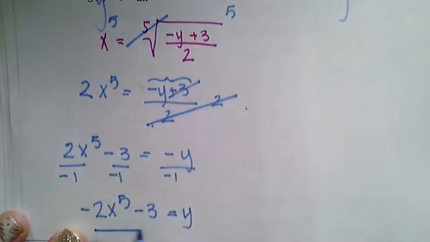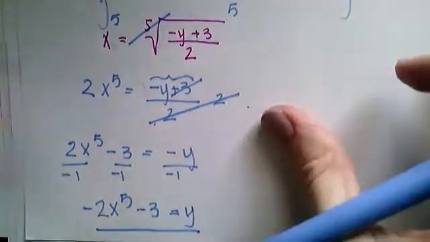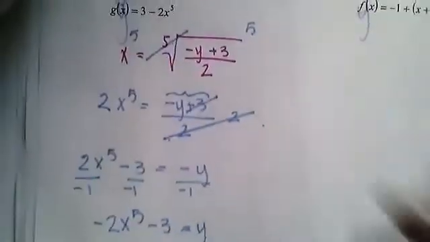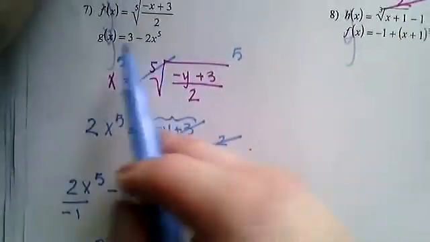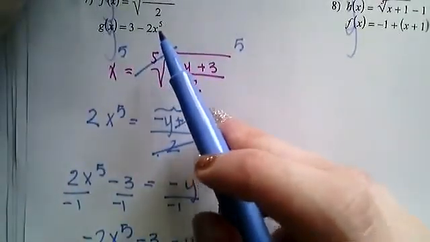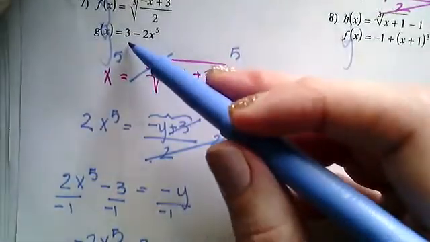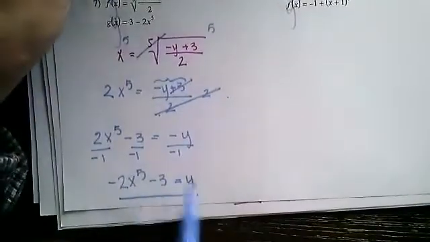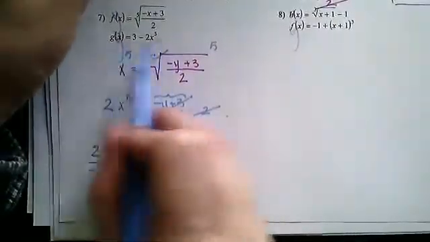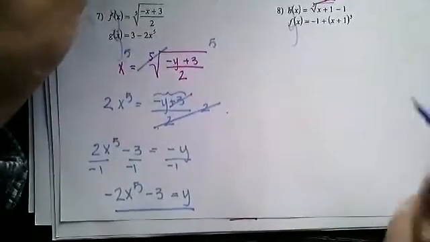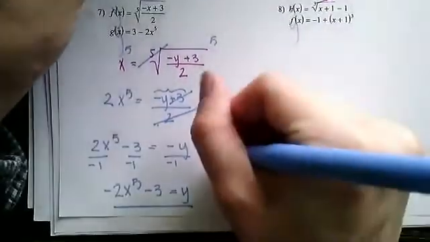So you have to look at this equation and ask yourself if it's the same as this bottom equation. So they both have a negative 2x5. And this one has a negative 3, and this one has a positive 3. So if this equation right here does not match this one perfectly, then it is not inverses.